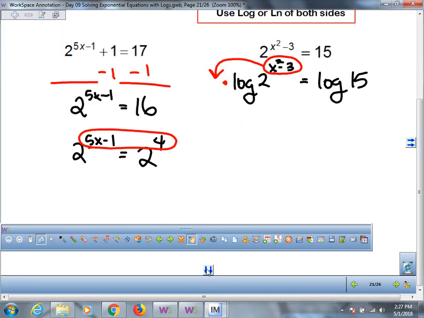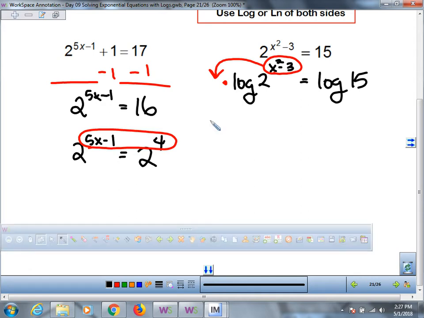I want to make sure all of this is the exponent, so it's all being multiplied. So it's x squared minus 3 times log 2 equals log 15.